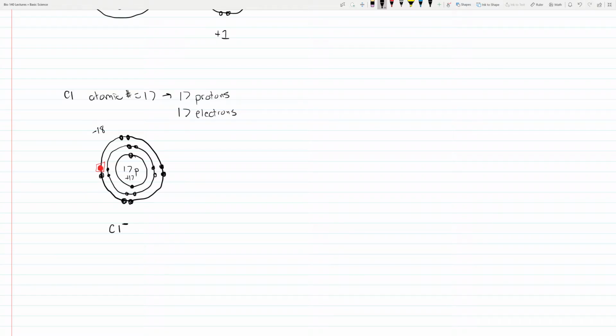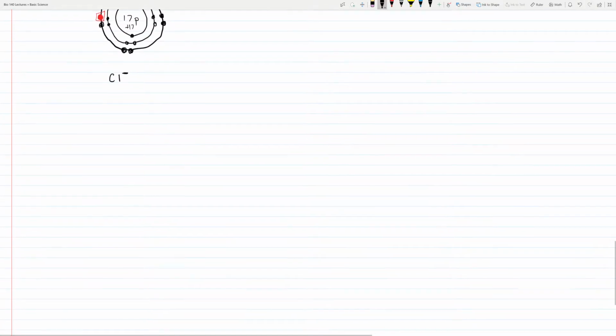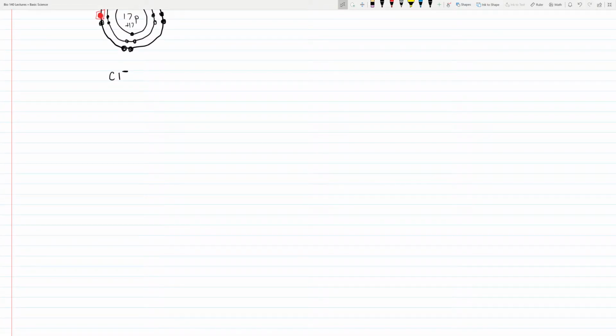Okay, so now we're going to talk about chemical bonding. And there are really two chemical bonds between atoms that you have to know about. The first is a covalent bond.